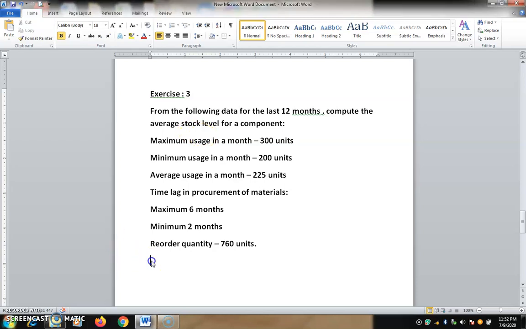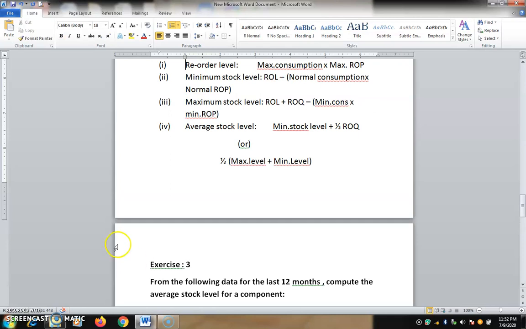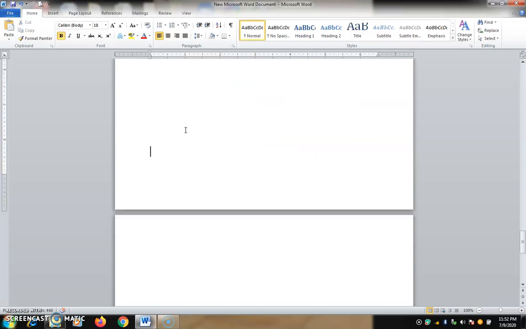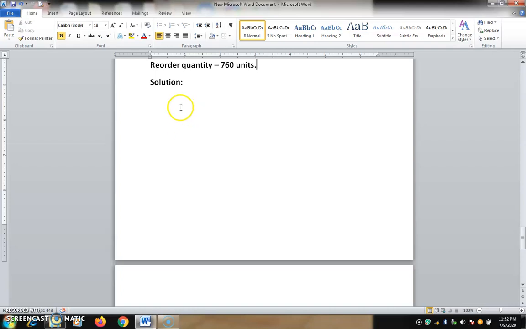So, there are two formulas available for calculating the average stock level. They are minimum stock level plus half of reorder quantity, or half of maximum stock level plus minimum stock level.